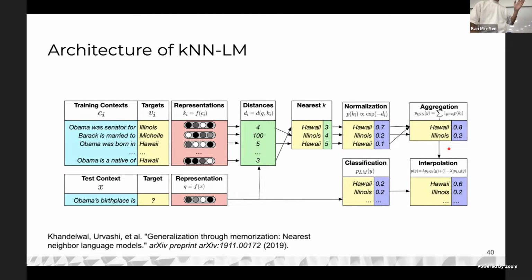Here, the aggregation is the final distribution of the memory part. Last, we combine these 2 distributions to get the final answer, and we can see the score of Hawaii is much larger than other candidates.